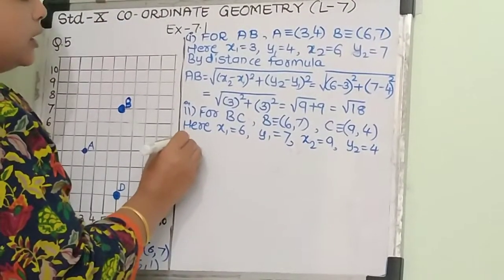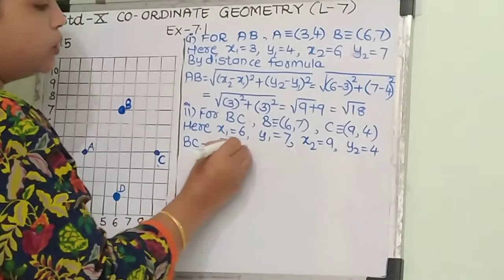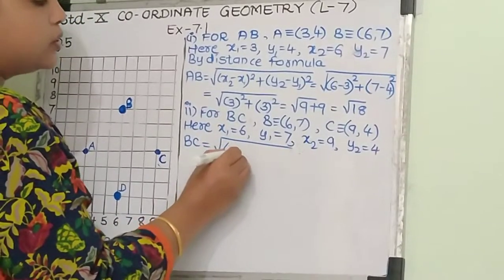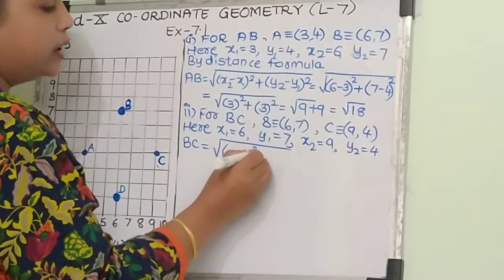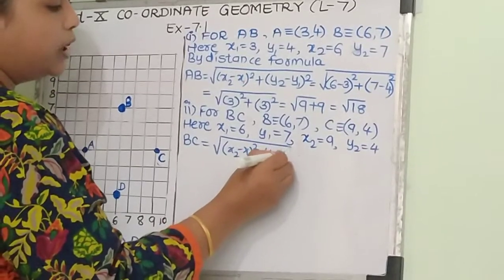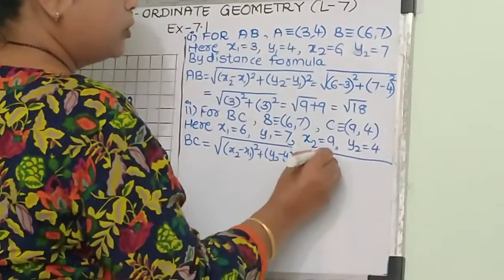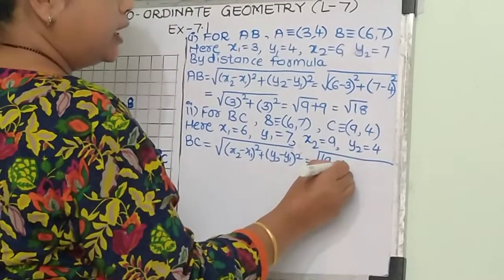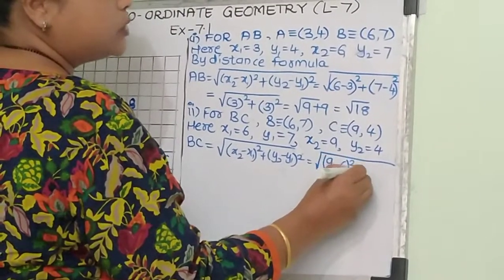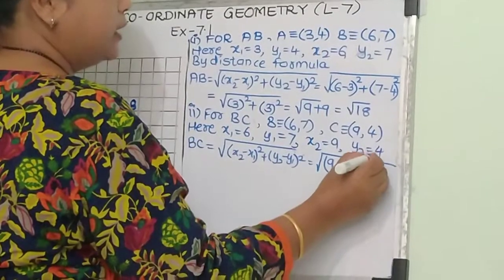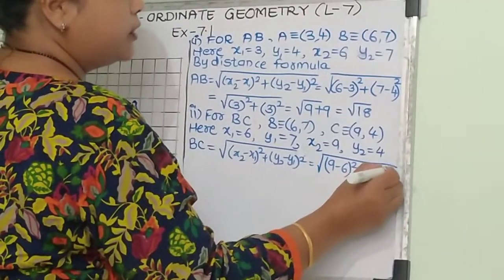By using the distance formula, BC equals root of (x2 minus x1) square plus (y2 minus y1) square, so here x2 is 9, (9 minus 6) square and (4 minus 7) square.